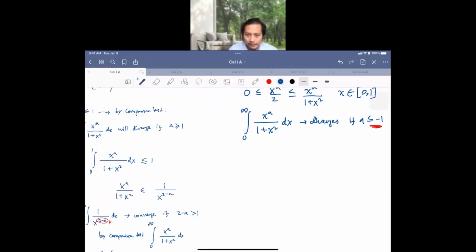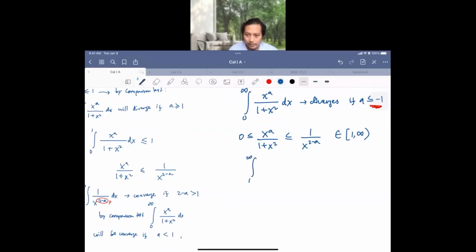And we may have that is less than 1 over x to the power of negative 2a. This is true for 1 to infinity. And then we have convergent when a is greater than 0.